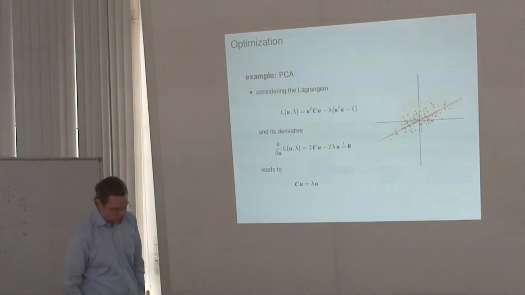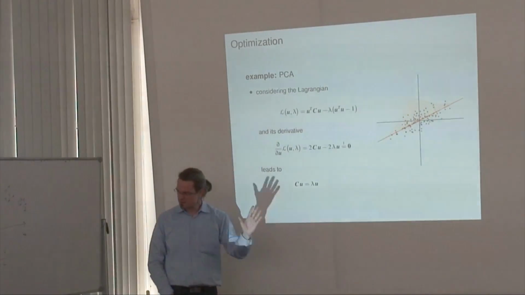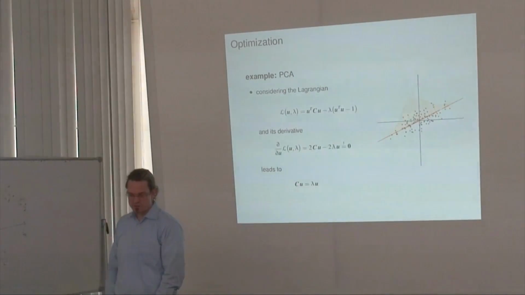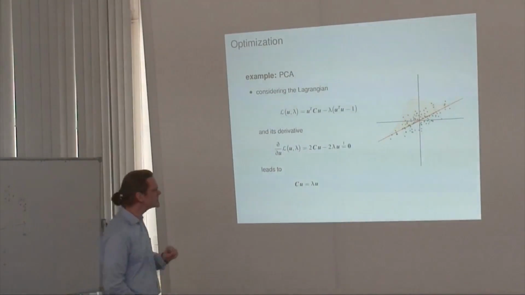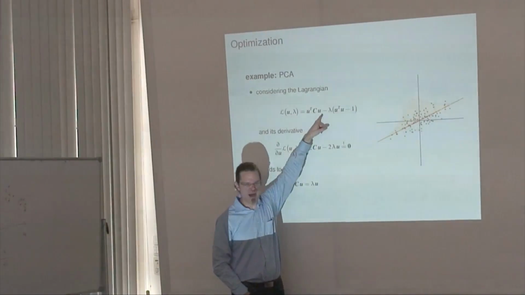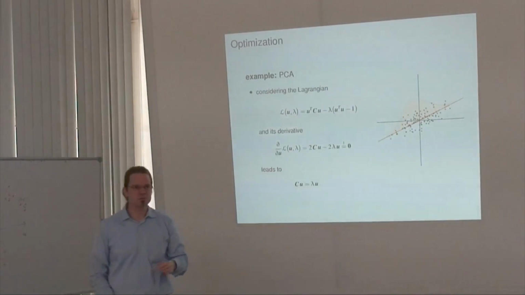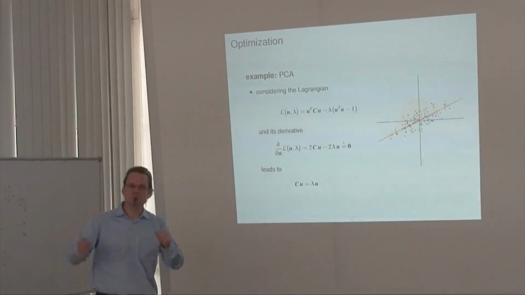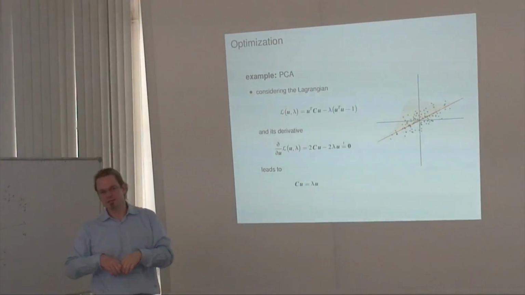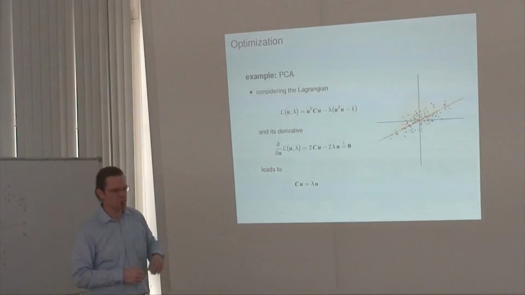Now, how to solve this? We can look at the Lagrangian. This is exactly what we looked into last time, how we would set up the Lagrangian here. Note that I'm using a minus, whereas on the previous slides it was a plus. But on the previous slides I was talking about minimization problems, and now we're actually talking about maximization problems, and therefore minus.